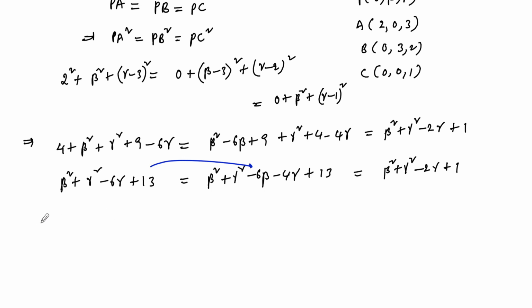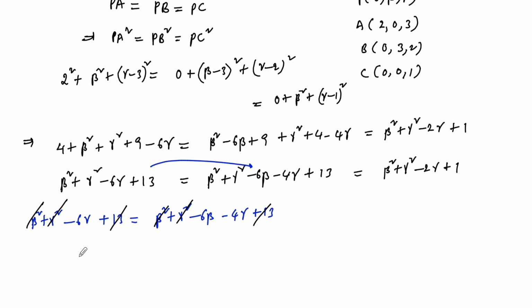The first and the second one. So we have beta square plus gamma square minus 6 gamma plus 13 is equal to beta square plus gamma square minus 6 beta minus 4 gamma plus 13. So we can see that beta square, gamma square with the same sign get cancelled, and also 13 with the same sign.